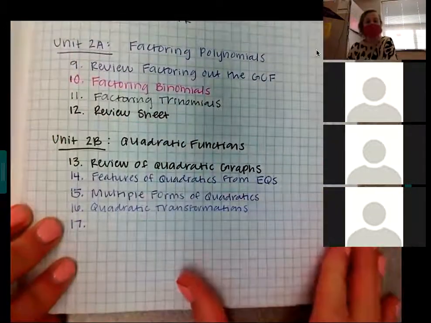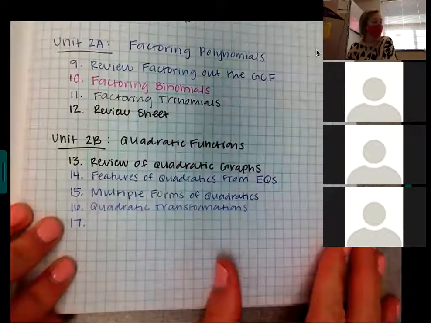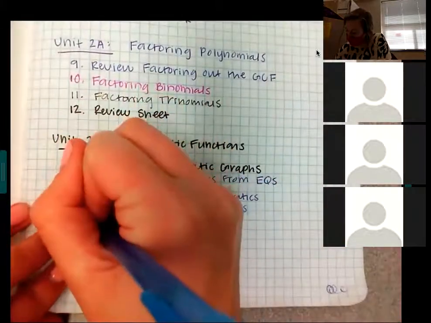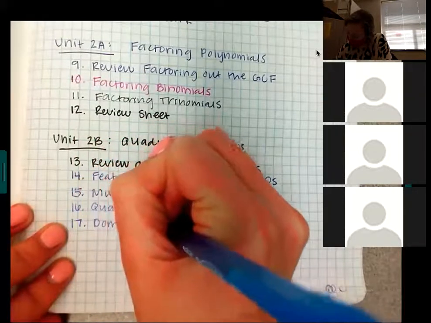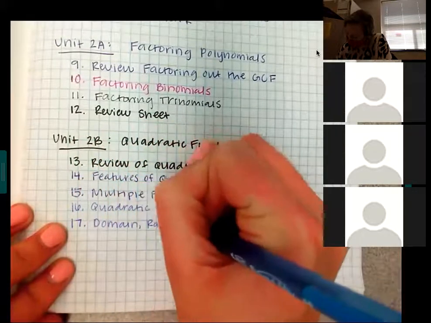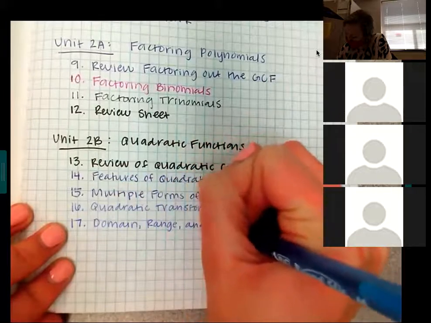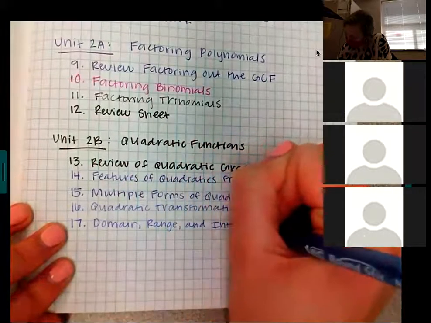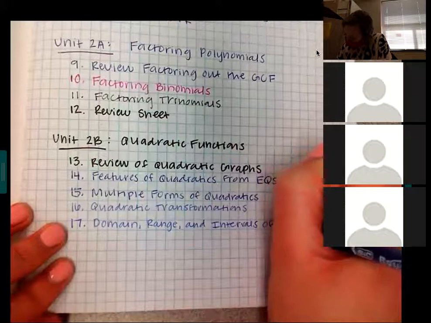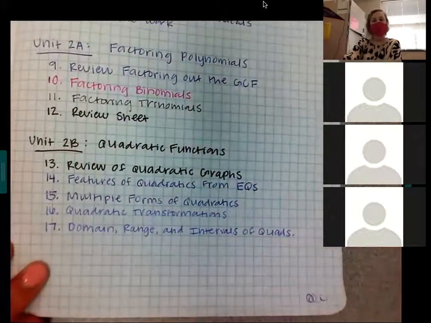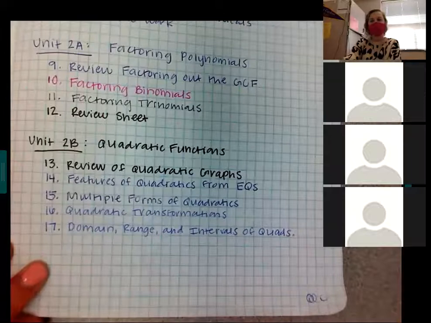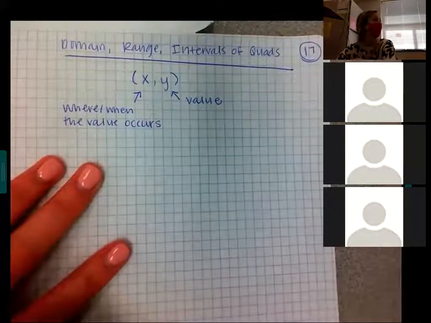This is our last topic of notes for this unit. So we're going to be talking about domain, range, and intervals of quadratics. And I'm going to abbreviate because I always seem to run out of room. We have done that.